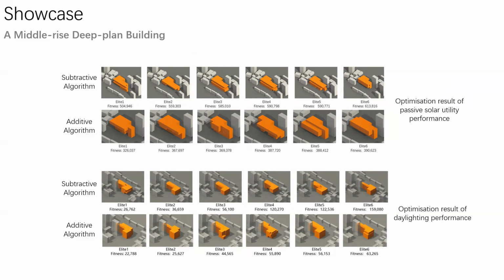This case study can show that this algorithm can be used in different types of building massing design projects, which means these two algorithms have a very high reusability, so they can facilitate architects to carry out performance-based design optimization without parametric modeling.